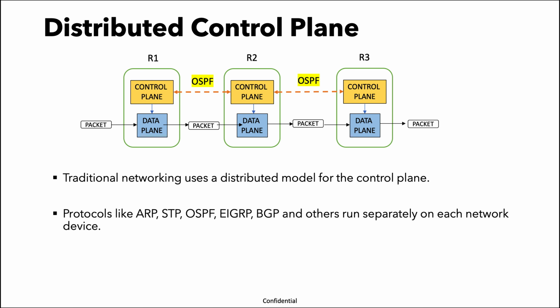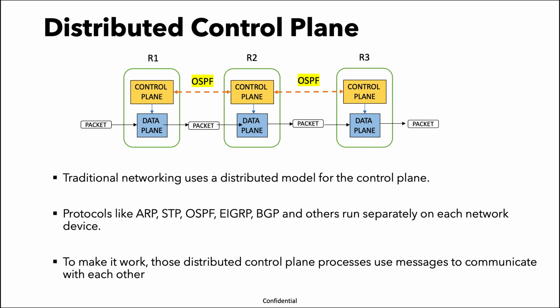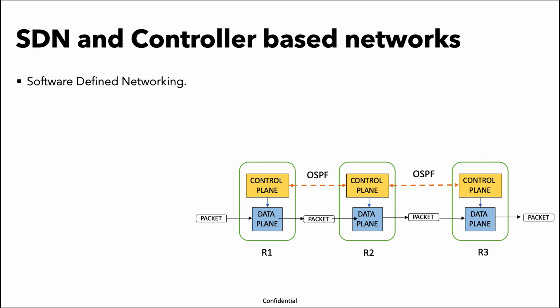And as a result, traditional networks are said to use a distributed control plane. But starting from 2010, a new operational model was introduced called SDN, also known as Software Defined Networking.